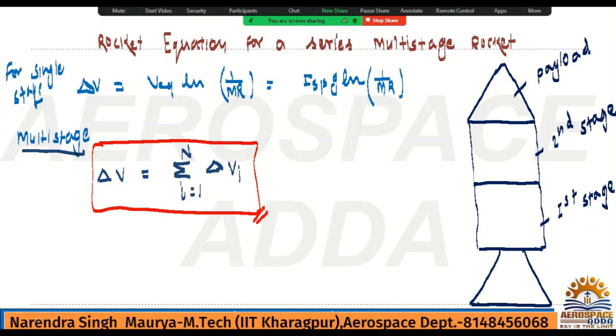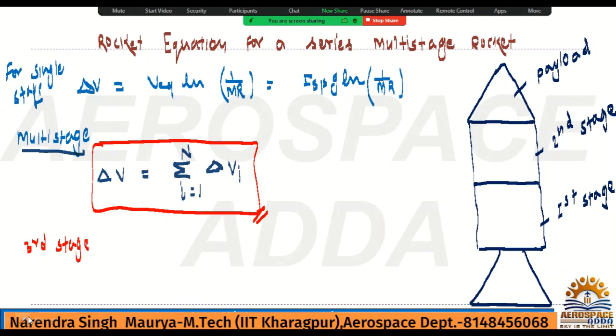So this is the formula, means for each stage you will calculate delta V. If it is n number of stages, max 3, 4, whatever the number of stages you have. If it is 3 stages we have, till third stage you calculate delta V1, delta V2, delta V3, add all. It will be the calculation for the third stage. I can write here also third stage.